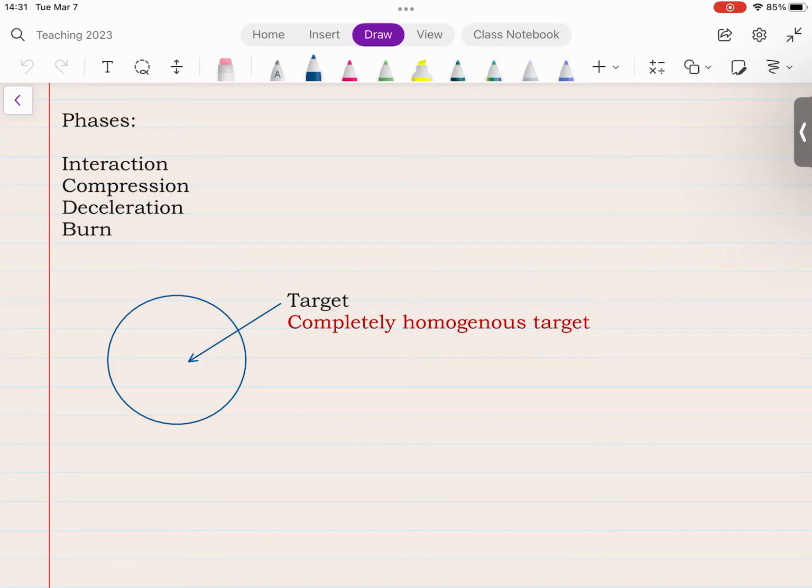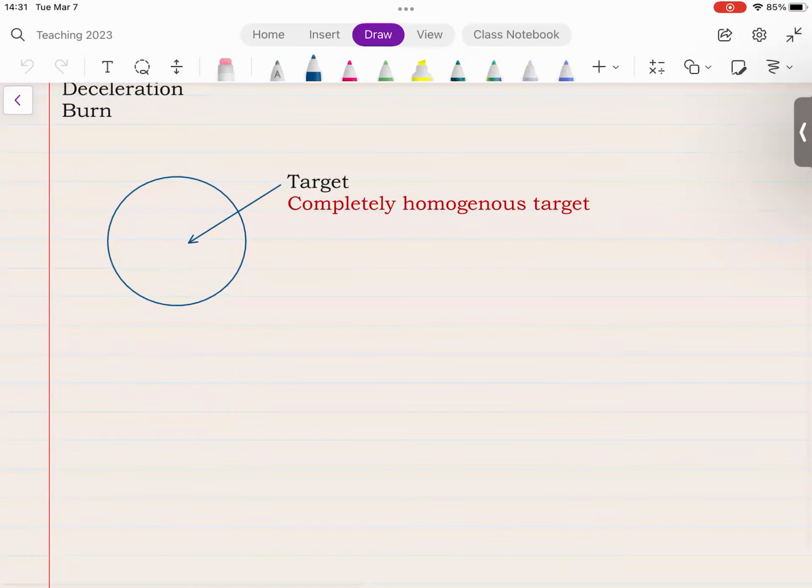And we're going to look at this target, again, this is the simplest conceptually target, using the simplest approximation that you can think of, which I hope you will immediately guess, like the physicists always do.